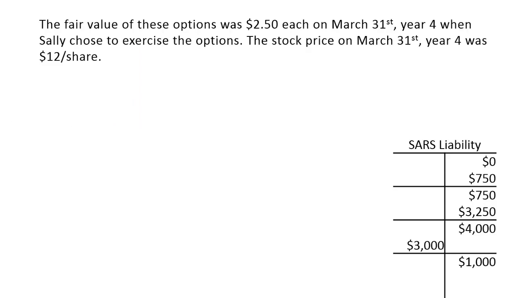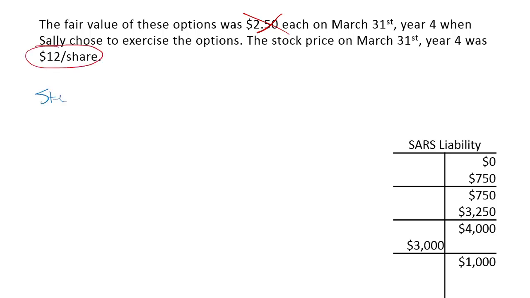In the middle of year four, Sally decides she's going to use these options. So the fair value on March 31st, when she decides to exercise the options, is $250. The actual stock price is $12 per share. And the big thing to remember at the time of exercise is that we no longer use fair value. We want to use intrinsic value.